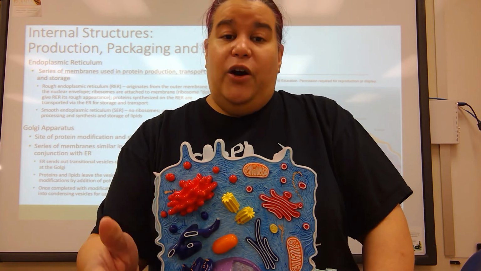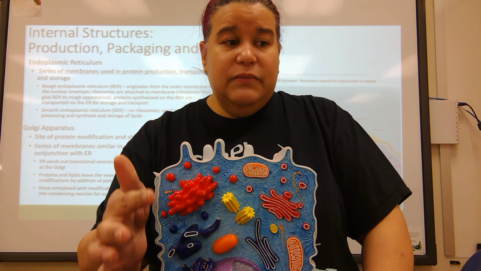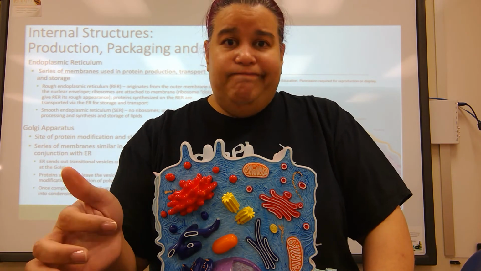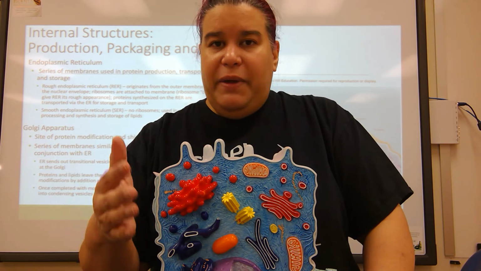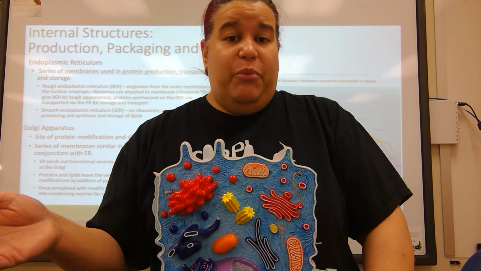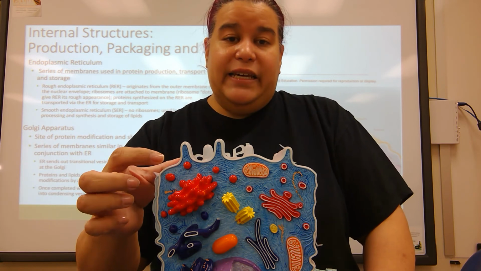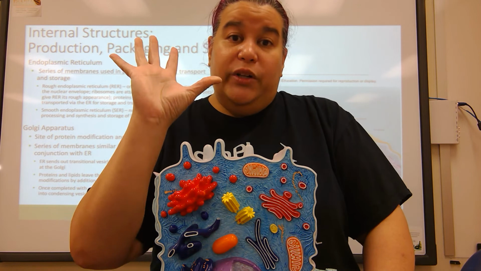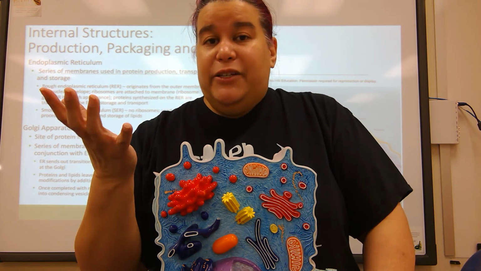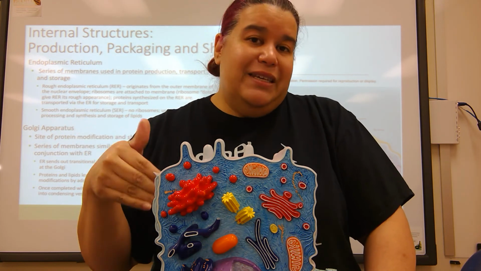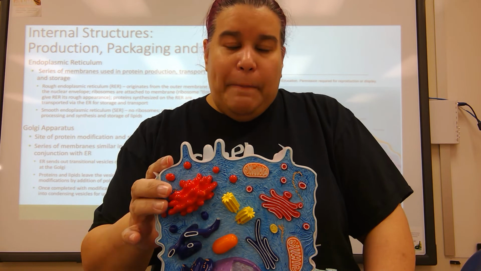This vesicle may go inside the cell to get used in some way. Maybe I need enzymes for breaking down polysaccharides, or it can actually get sent up here to the membrane where it'll fuse and maybe make something like a transport protein that allows things into and out of the cell.